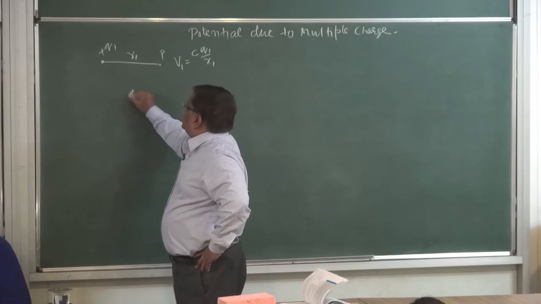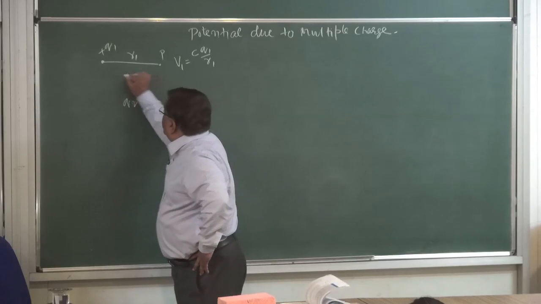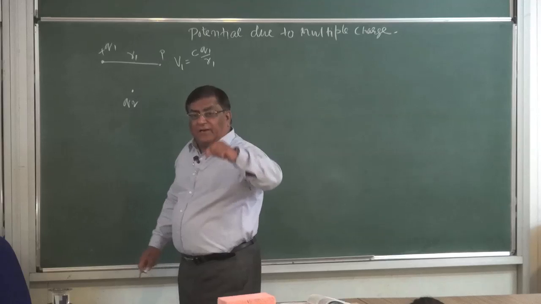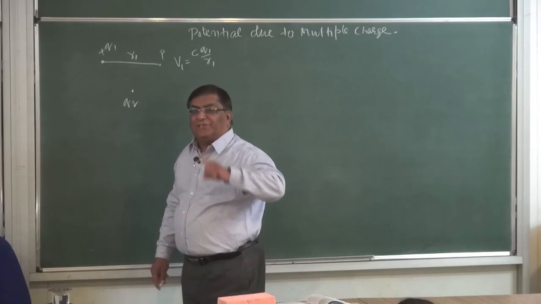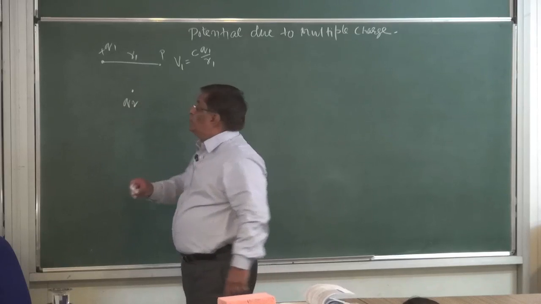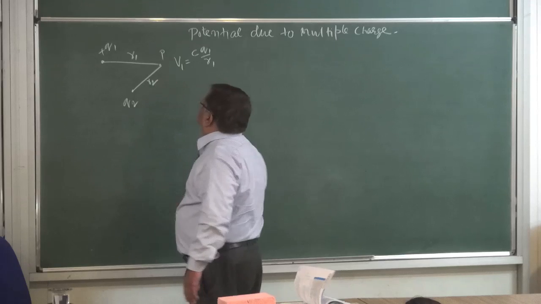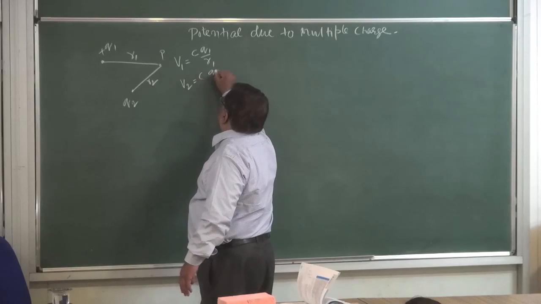Now we have a charge here, Q2. This also has an electric field around it. This point is also falling in the electric field of this Q2. So this point also has a potential due to the electric field of Q2. How much is that potential? V2 is equal to k Q2 upon R2.